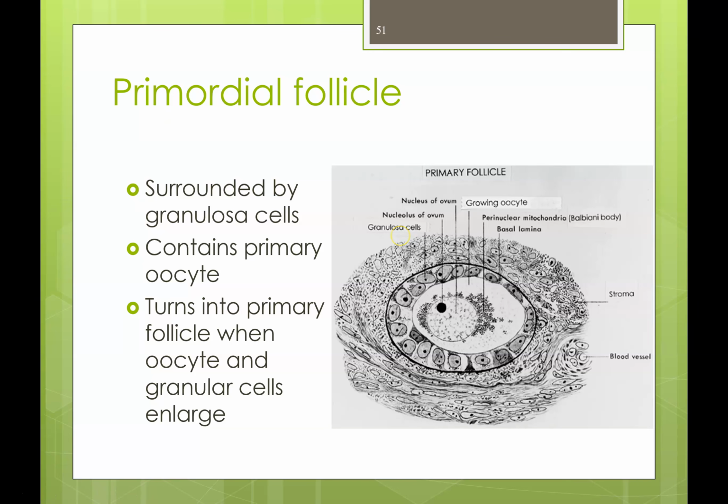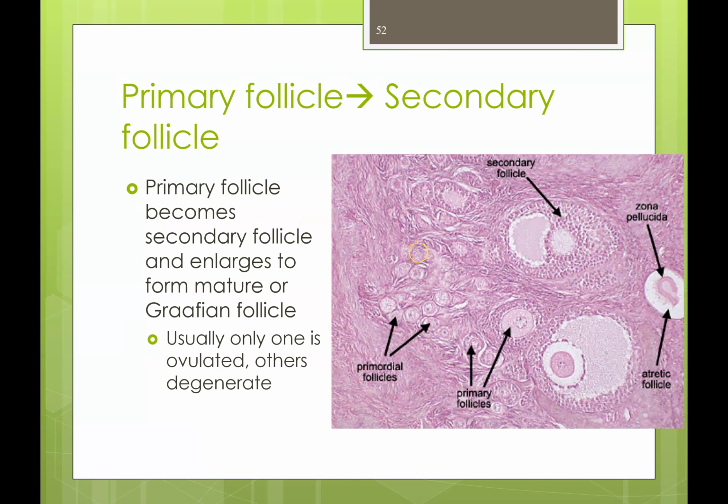Then we will start to see that they will enlarge, and that will turn into a primary follicle. So here's what a primary follicle looks like. We have that oocyte in the center, and we've got lots of granulosa cells surrounding it.